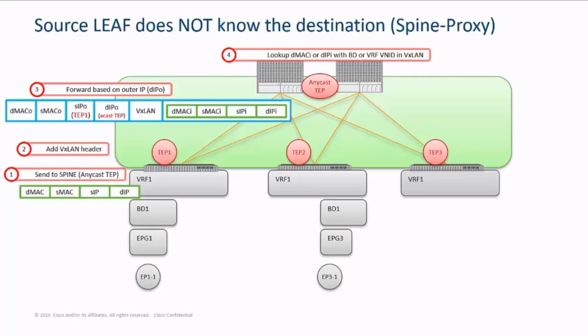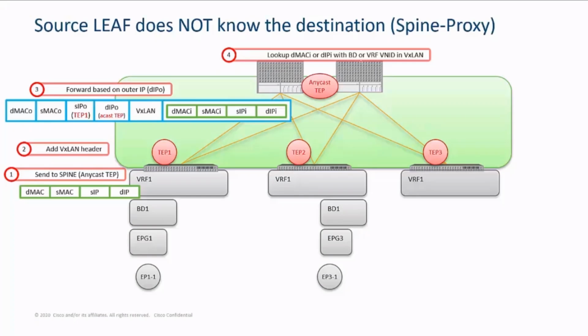So one of the great things about ACI is it supports multi-tenancy. So essentially, that allows us to have multiple VRFs, multiple bridge domains running on the same ACI fabric. So to make sure the spine switches references the correct bridge domain in this example, it's going to look at the VNID. Once it does that, it looks in its COOP database.